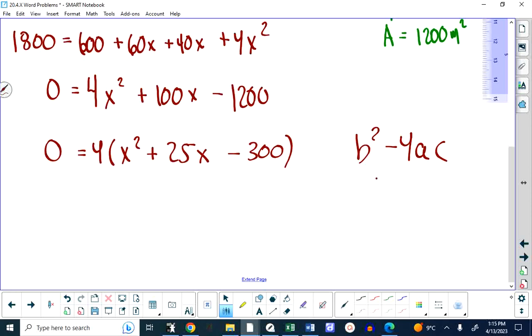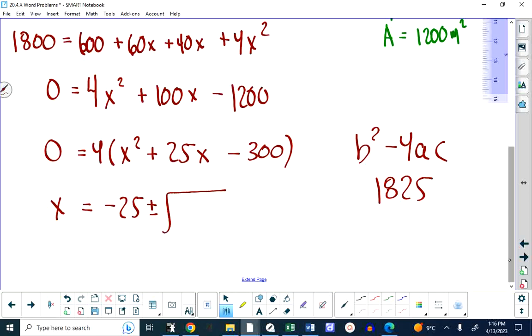So that means we have to solve this using the quadratic formula. But again, as soon as we say negative b plus or minus the square root of b squared minus 4ac, we've already done the heavy lifting there. We already know b squared minus 4ac is 1,825, all over 2a, which is 2.